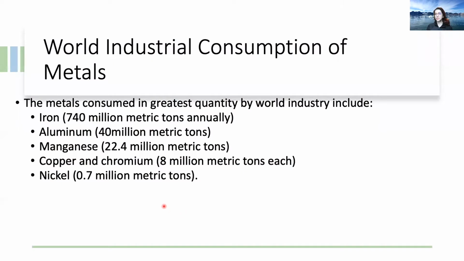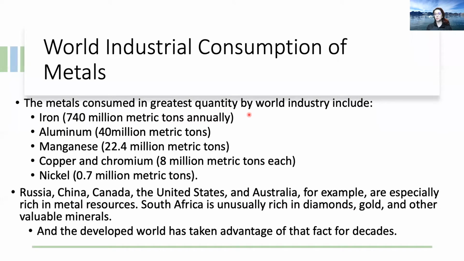Here we have some statistics on the world industrial consumption of different metals. The metals that are consumed in the greatest quantity by the world include iron, aluminum, manganese, copper, chromium, and nickel. And so Russia, China, Canada, the United States, and Australia, for example, are especially rich in their natural mineral sources.